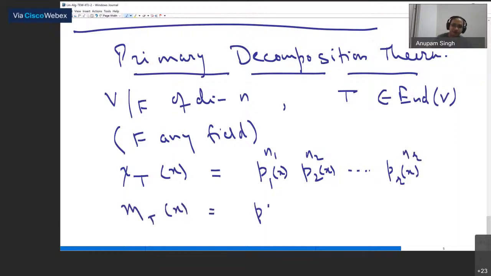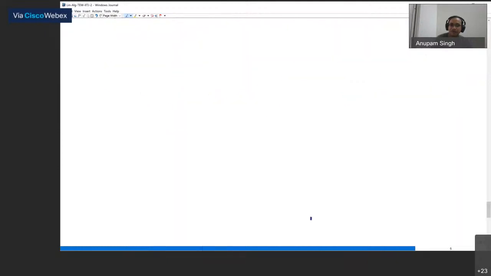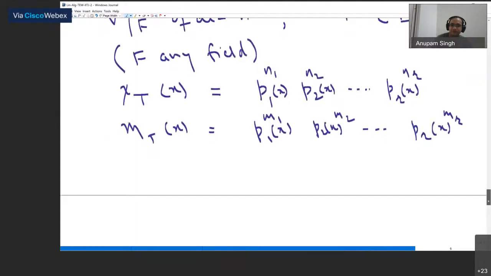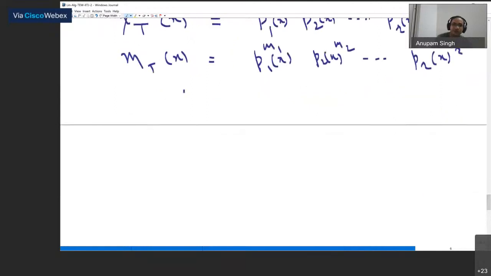So it is P1(x) to the power, let's say, m1, P2(x) to the power m2, and so on, Pr(x) to the power mr. Right. So I have written their factorization as a product of irreducible polynomials, where the Pi are irreducible.